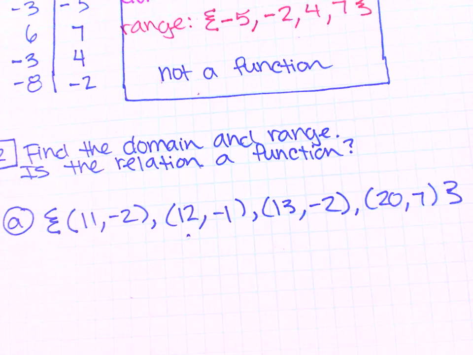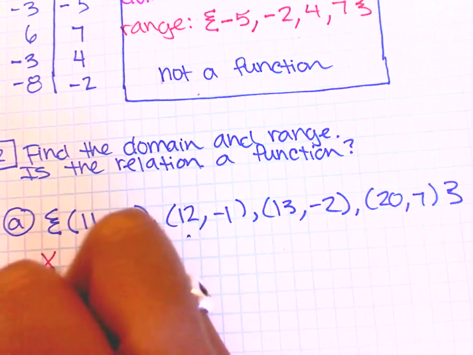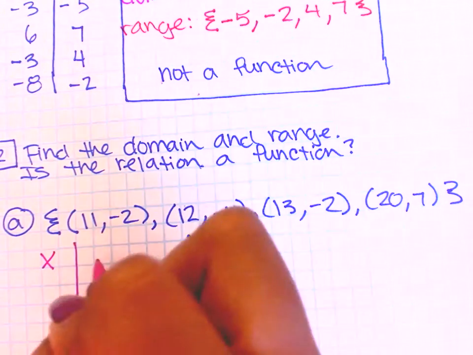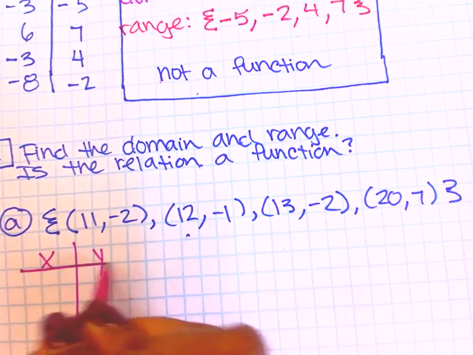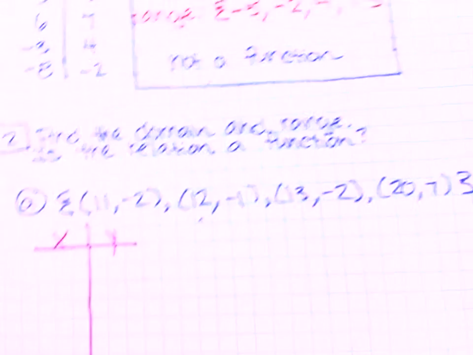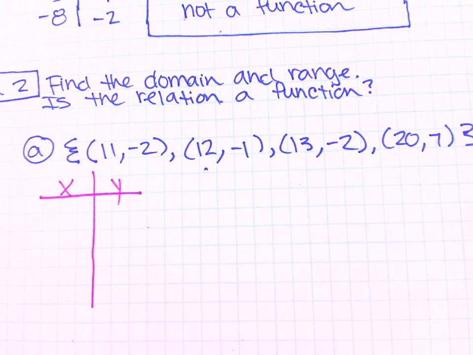So this just means we have one more step. This means that we need to draw our x and y first. So this extra step means that we're going to draw our x and our y. And I'm going to write my x's down.